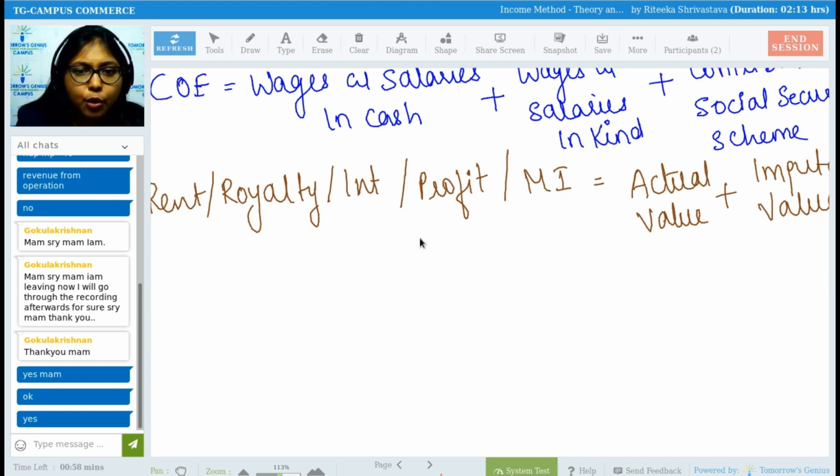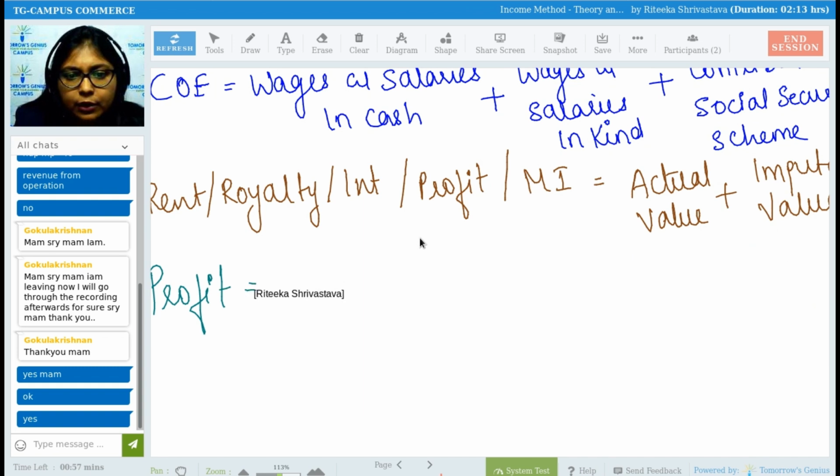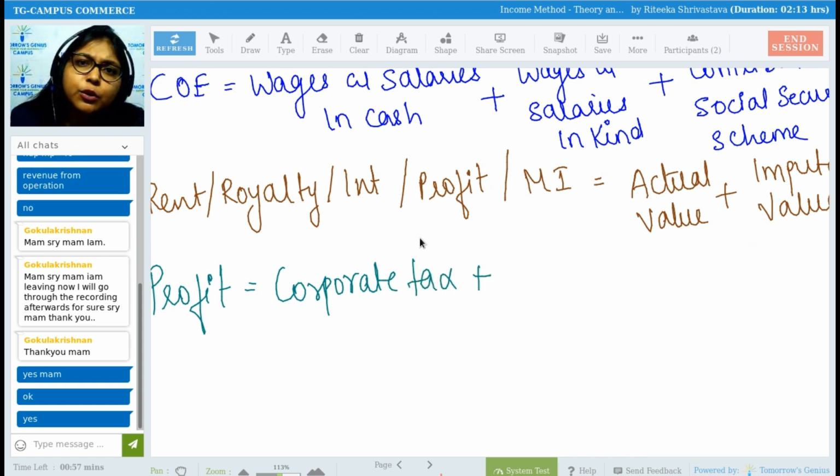Then when we talk about profit, it will include three things: corporate tax plus dividend plus retained earnings. So if profit is directly given to you in the question, then you will take that amount which is given to you in the question.